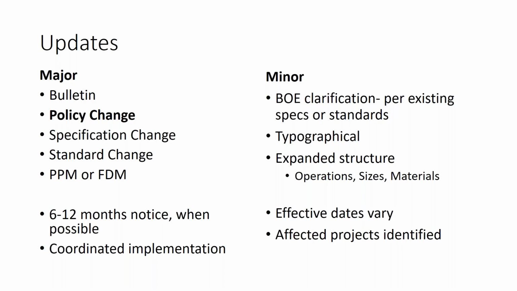These are made available as soon as possible, so the effective dates may vary. And if there is a project that is negatively impacted, we'll generally contact the district offices so that the project managers can be advised of those changes.